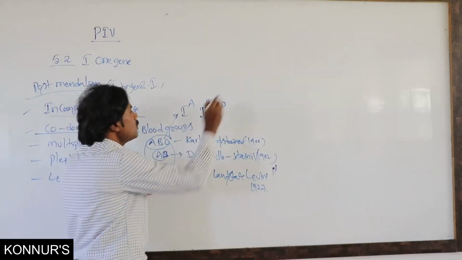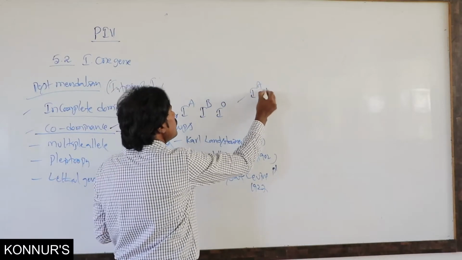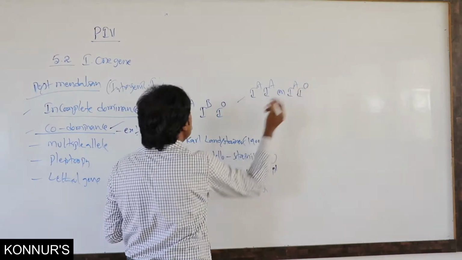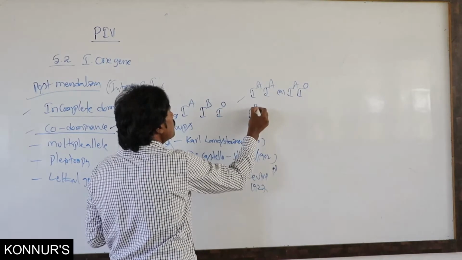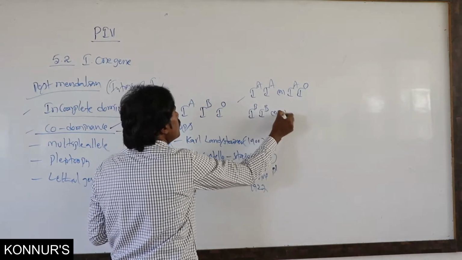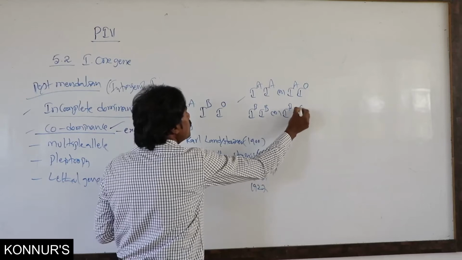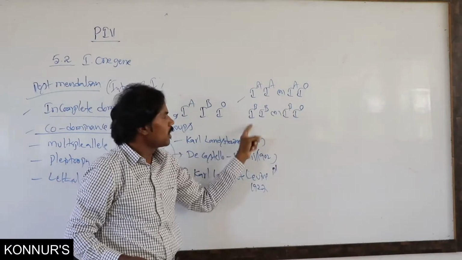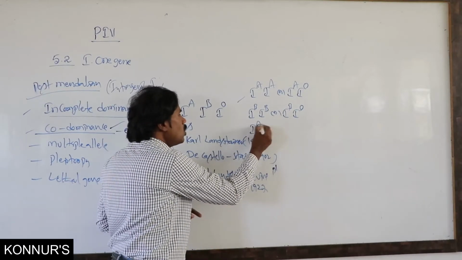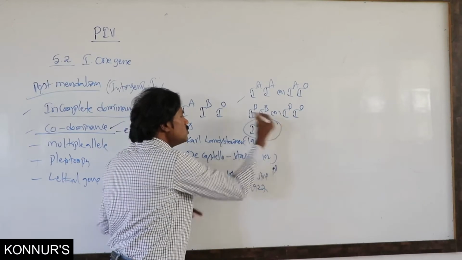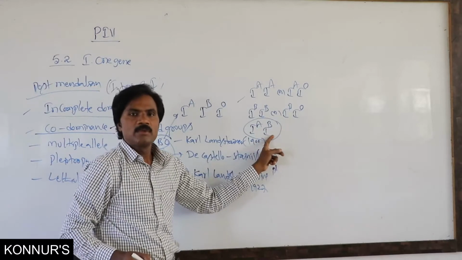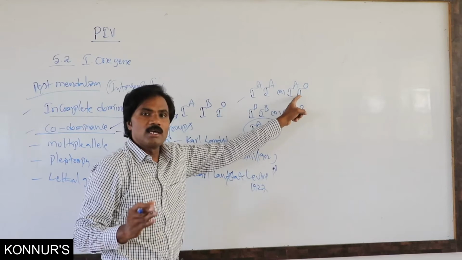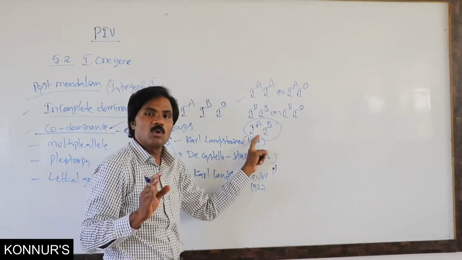If A blood group, it will be either A A or A O. Similarly B blood group, either homozygous or heterozygous. But AB blood group is only heterozygous. This is codominant. Here A is dominant, B is dominant, O is recessive. Here AB is codominant.